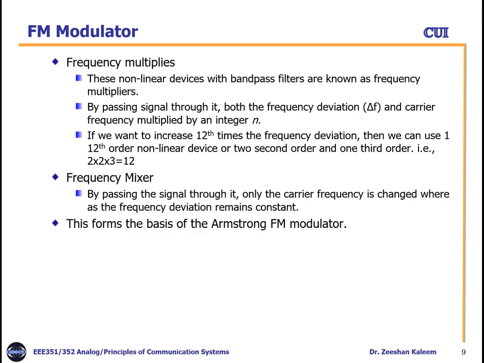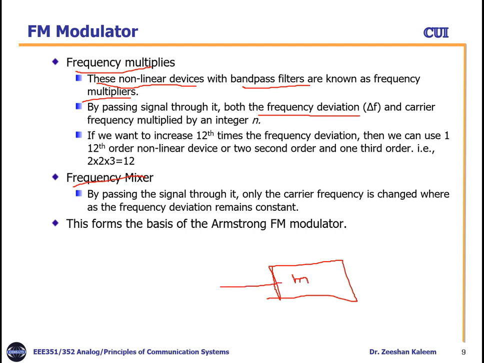Now, before moving on, we need to discuss some important concepts. One is the frequency multiplier and the other is the frequency mixer. What is the difference? A non-linear device with a band pass filter is known as a frequency multiplier. This is our block diagram of the frequency multiplier, of order n, right?